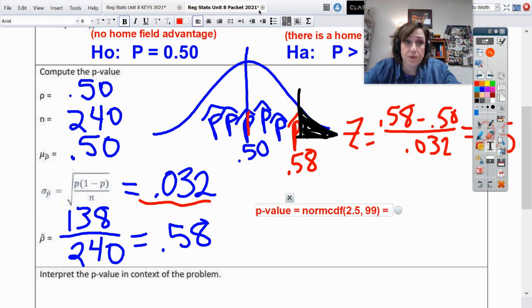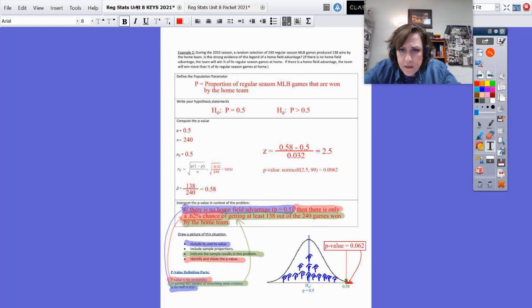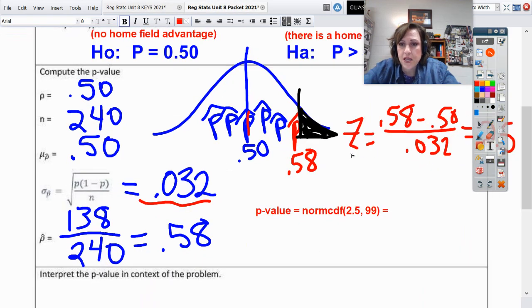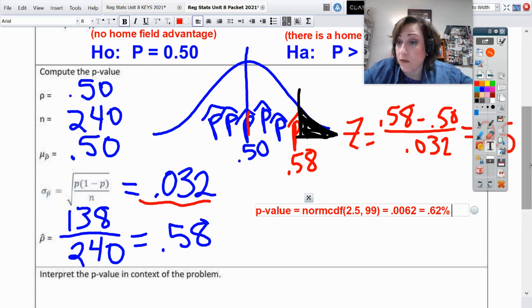And that amount is pretty small. I think it's 0.13 maybe. No, 0.0062. Wow, that's really small. So just a 0.62% chance. Okay, so that is our p-value.